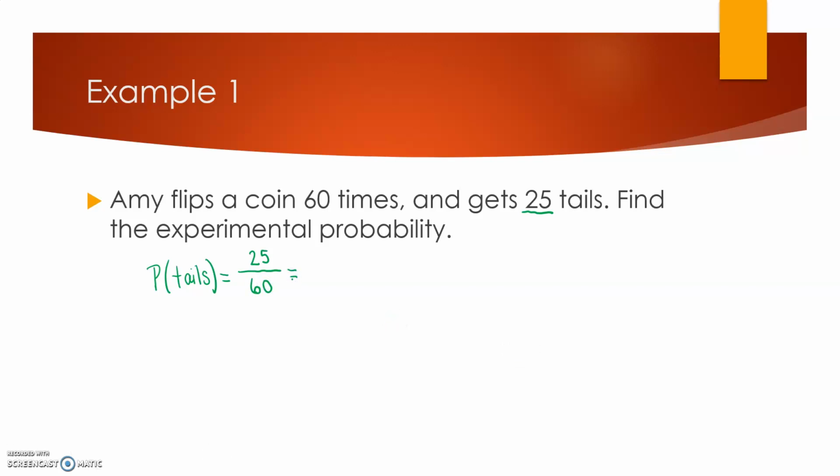Well, if I do 25 divided by 60, I get 0.417. Now, the theoretical probability is still 0.5 because theoretically, every time she has a 50-50 shot of getting tails versus heads. But based on what's happened so far, she's flipped the coin 60 times and she's gotten 25 tails. Based on that, she's going to say, well, actually, my probability goes down to 0.417 instead of 0.5. Is that accurate? I don't know.